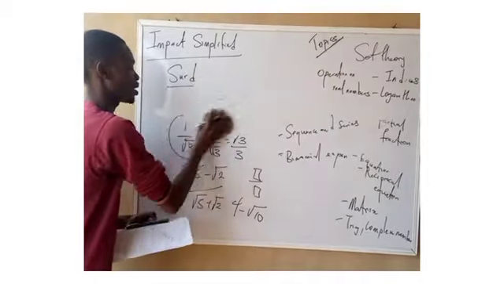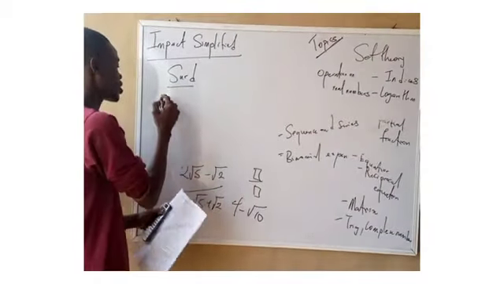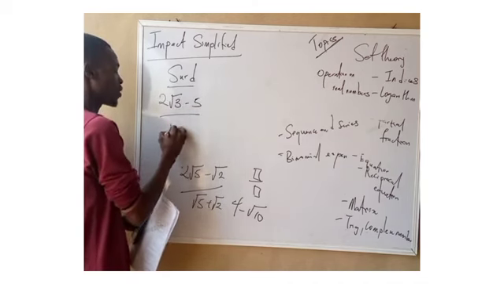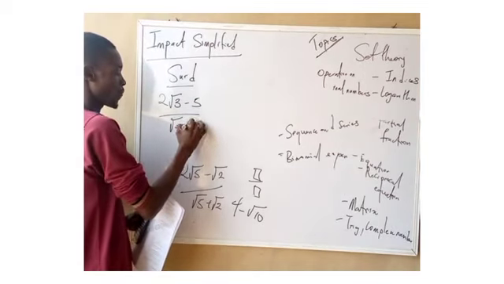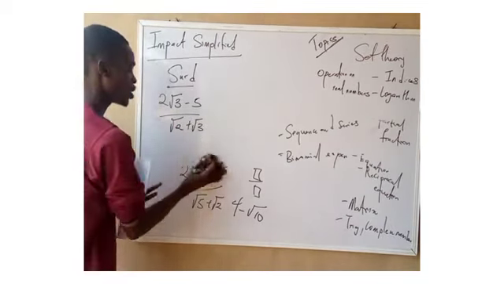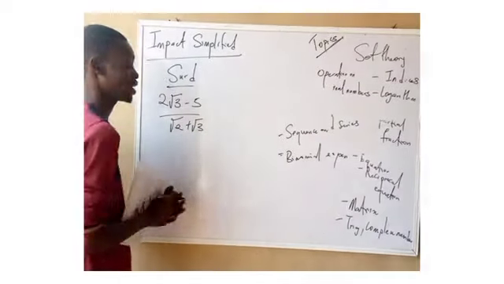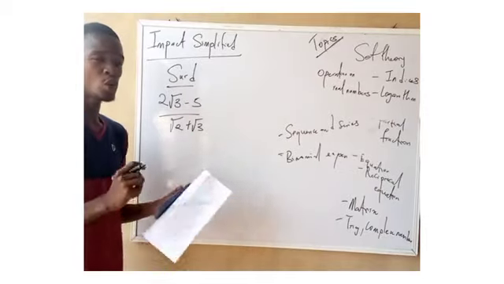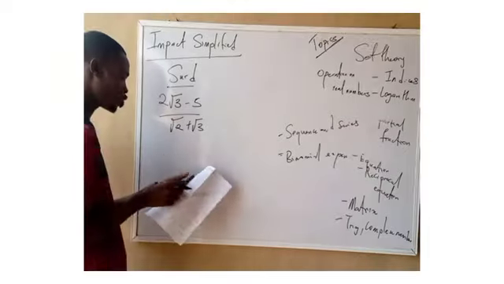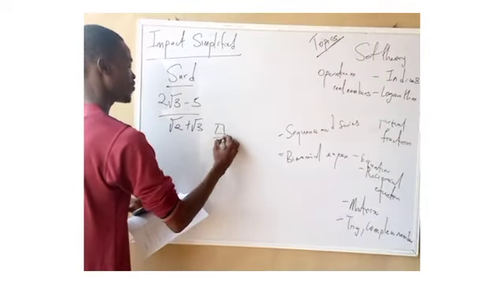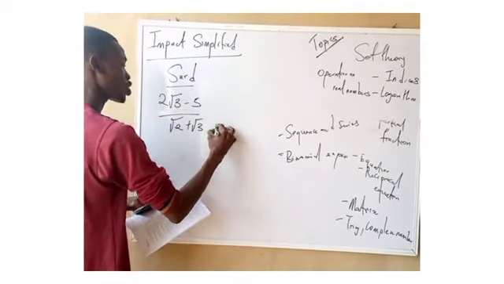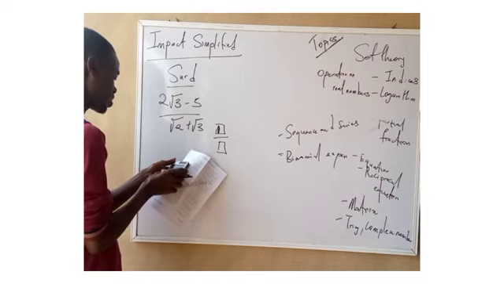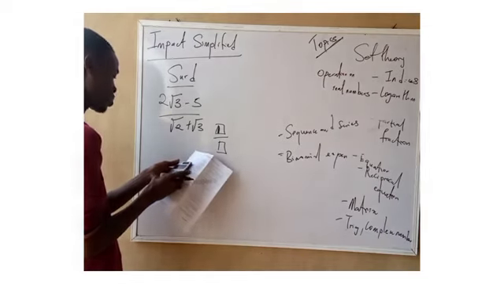Now let us look at another question on this. For instance, let us assume we have the square root of 3 minus 5 over the square root of 2 plus the root of 3. If you want to solve this, you have to rationalize, and we don't need to waste our time, since for a CBT question, they will only give you 45 seconds. So what you just need to do is press the division sign. Your cursor will be here. Type the question as you are saying it: the square root of 3.